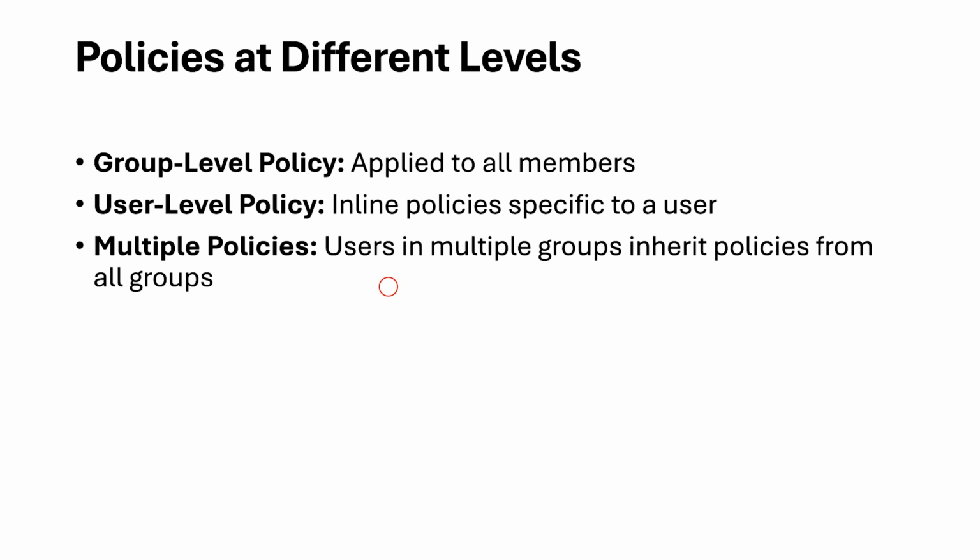The same user can be present in multiple groups. All the groups can have different IAM policies attached, and all these permissions are applicable to Aditya because Aditya is part of all three groups. In that way, you will get multiple policies. So these are different levels of policies, and I hope you understand how these policies will be applicable to a user.